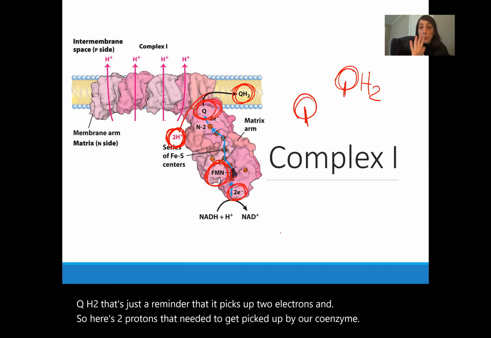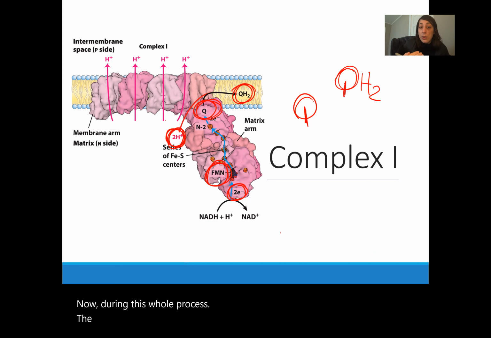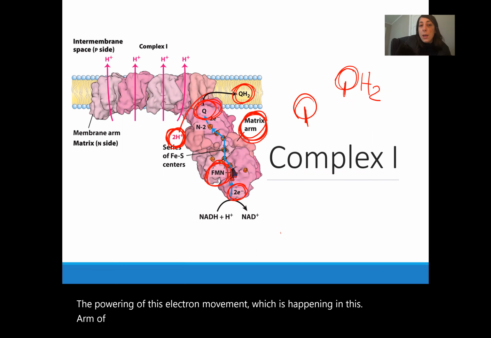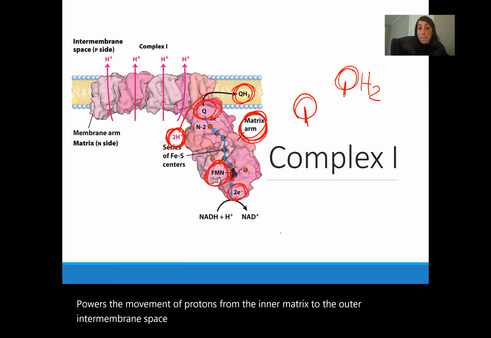Now, during this whole process, the powering of this electron movement, which is happening in this arm of the complex, powers the movement of protons from the inner matrix to the outer inner membrane space of the mitochondria.